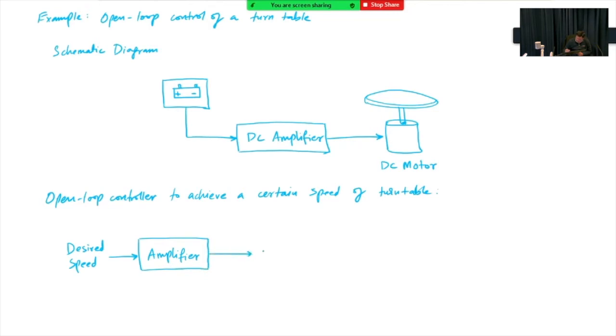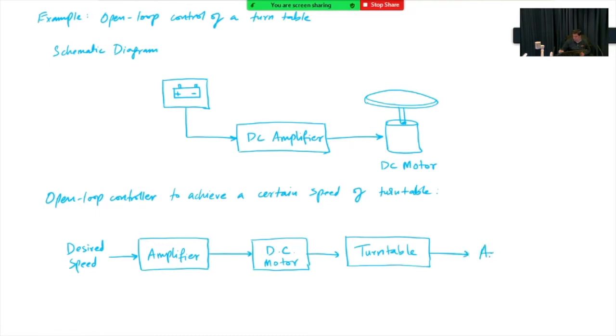That amplifier actually turns the DC motor. The DC motor actually drives the turntable. And what you achieve is the actual speed.